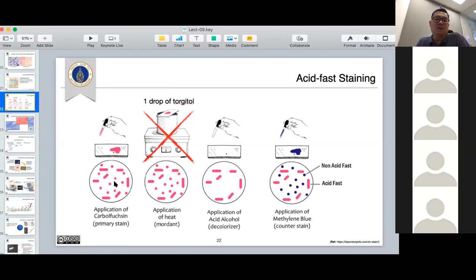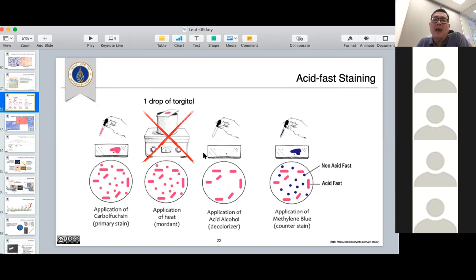The circle determines the normal flora, for example Staphylococcus, Streptococcus. You don't want to see something like this. If you want to observe the red one, you add carbolfuchsin and add one drop of alcohol. Carbolfuchsin will move inside the cells easily, inside all cells.